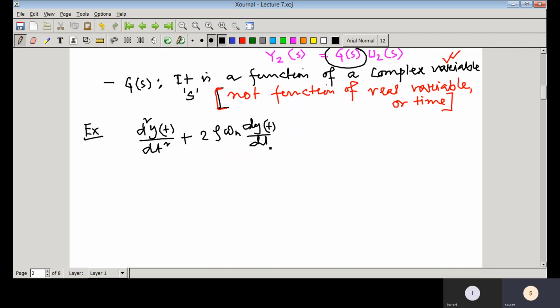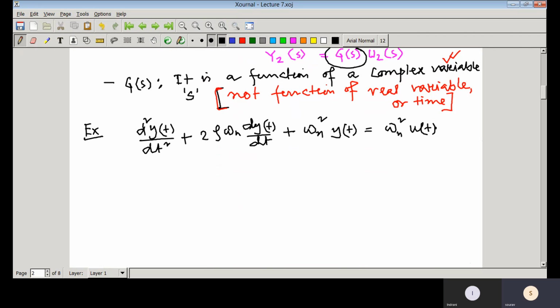This is that standard second order system. Then to find the transfer function of that system, we will be taking the Laplace transform.